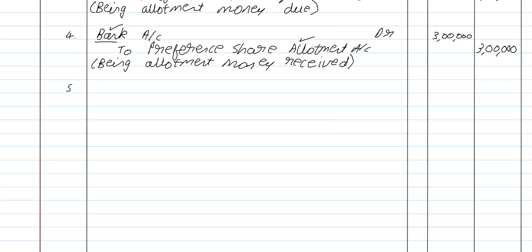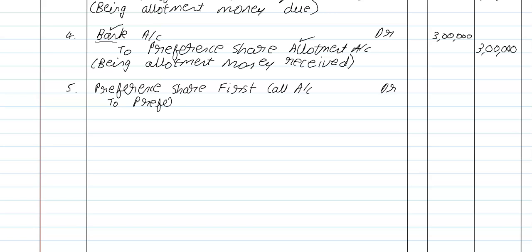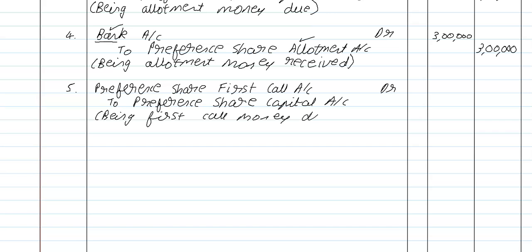So our fifth is going to be preference share first call account debit to preference share capital account, being first call money due.